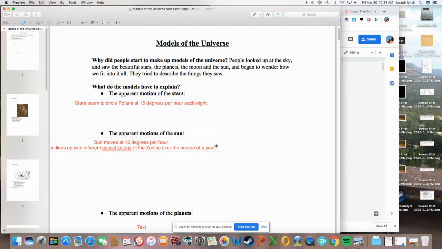And then the sun also appears to change size. And the size, we can call its apparent diameter.